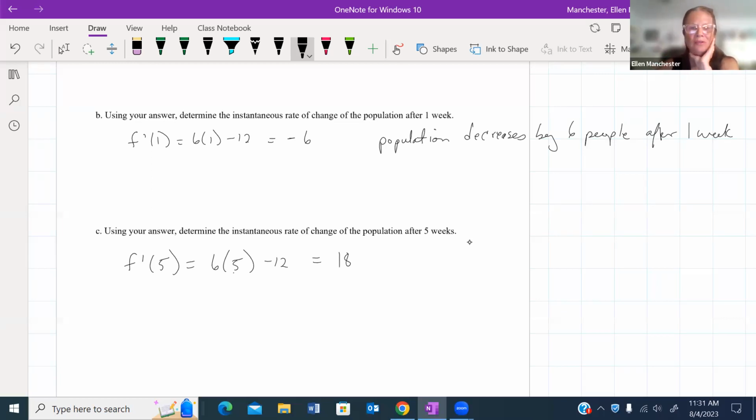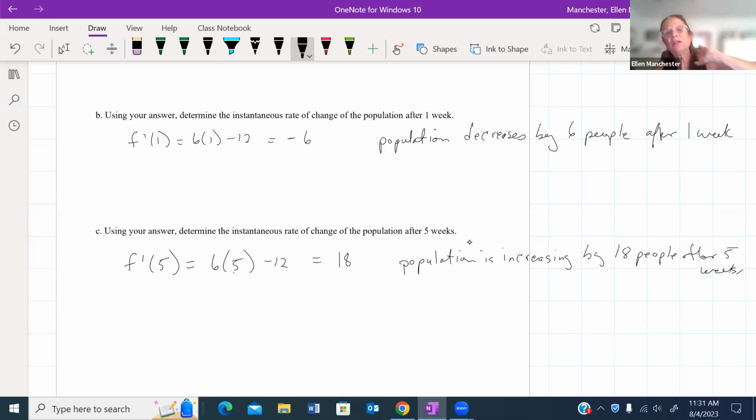So what this means is our population is increasing by 18 people after 5 weeks.